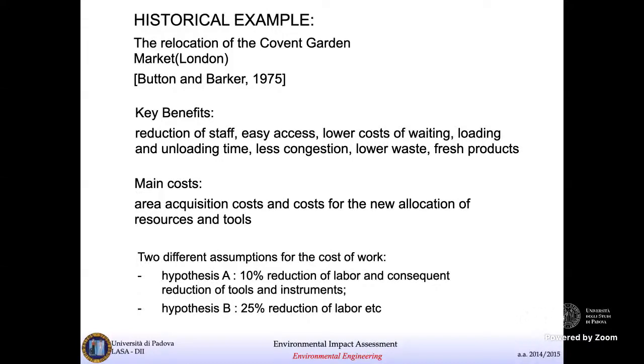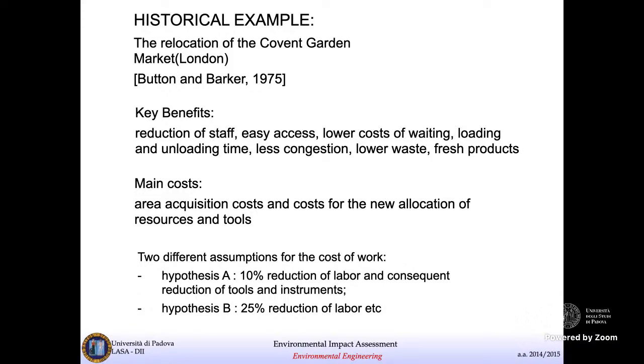The relocation of the Covent Garden market in London. This was a study carried out in 1975 by Button and Barker. The key benefits were the reduction of staff, the easiness of access, the lower cost of waiting, meaning waiting for goods transfer, loading and unloading times, less congestion and traffic, low waste production, fresher products, and so on.